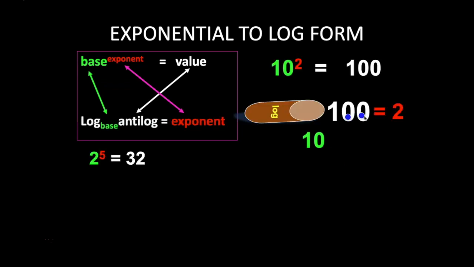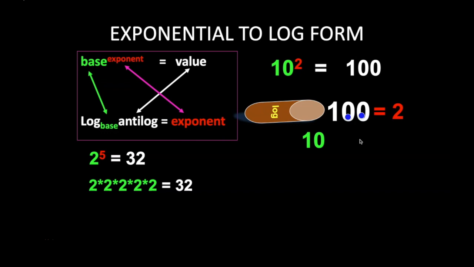Let me show you this one more time. 2 to the 5th equals 32. Write this as a logarithm. Now this is a true statement. It's not intended for you to solve. It is true. So what does this mean? This actually means 2 times 2 times 2 times 2 times 2, 5 times, is 32. You know what 2 to the 5th means.